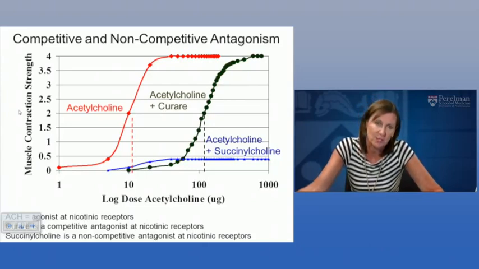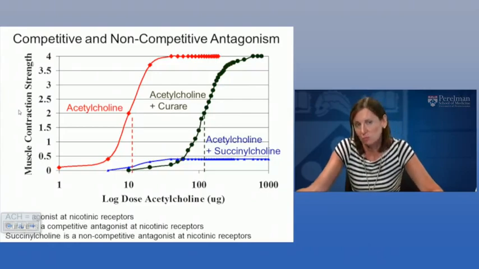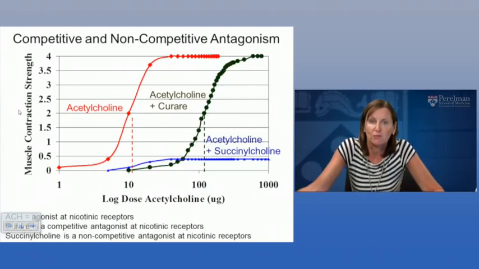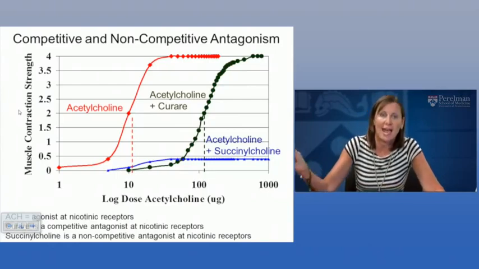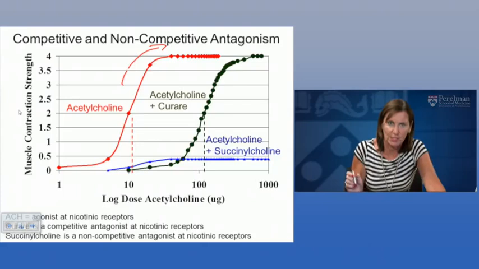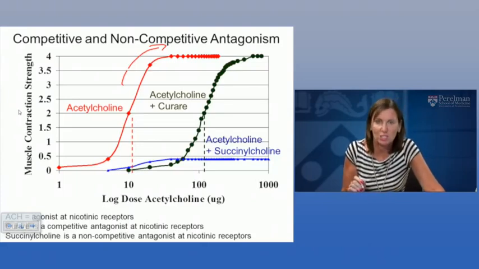Acetylcholine, or the parasympathetic nervous system, increases muscle contraction. And we've also discussed ways in which it regulates heart rate. So here we see in red the dose-response curve to increasing doses of acetylcholine. So as you increase the dose of acetylcholine, you increase the degree of muscle contraction strength.